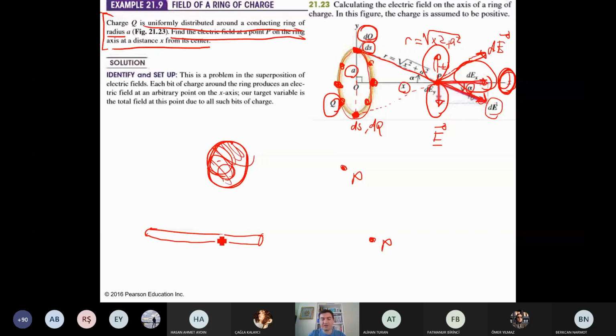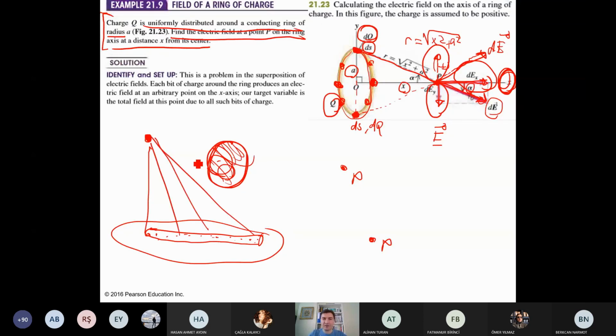If you separate this rod into infinitesimal parts, then you can calculate each component of the electric field produced by each segment of this rod. Or just consider the same rod, you can choose this point. Each point has a different distance from the rod to this point. Then using integral, again, you can calculate the electric field.